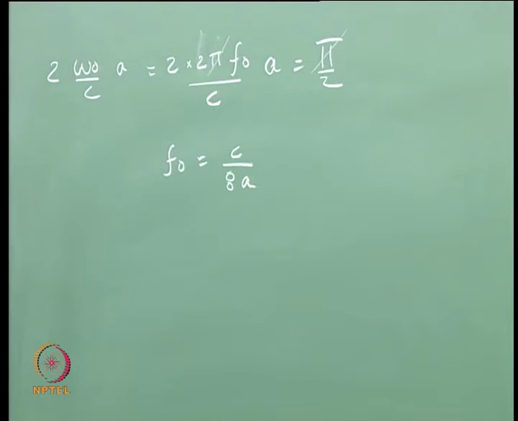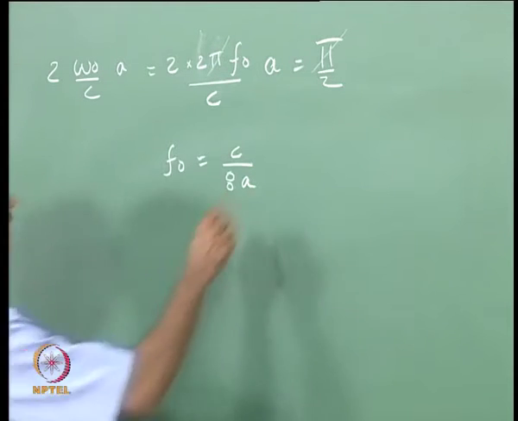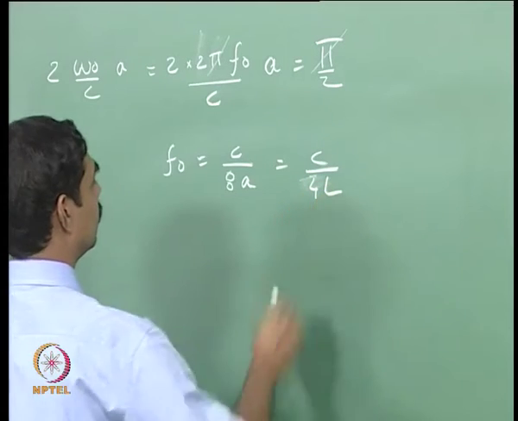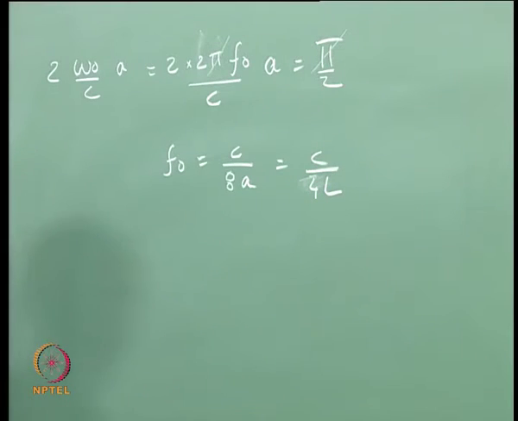Is this okay? Should we have 4 or 8 here? It's 8 because 2a is L, so we can rewrite it as c by 4L. The other ones you can get as corresponding to 3 pi by 2, 5 pi by 2; you will get 3c by 4L, 5c by 4L, and so on.